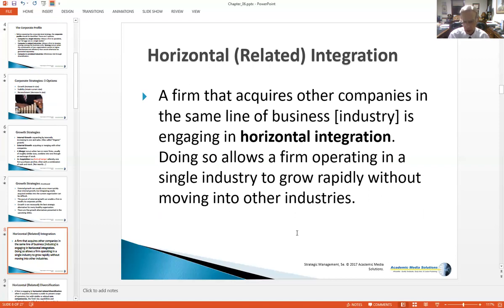And as I say, when industries get mature, this is about the only way that companies, if they're going to stay in the same industry, are going to grow, is to merge or acquire with another one.